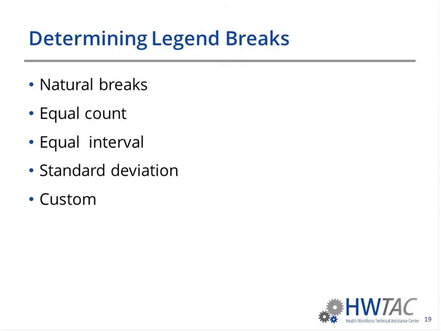So, for example, in North Carolina, we have 100 counties, and if I have 5 legend categories, I'm going to put 20 counties into each category. The legend categories will not necessarily be evenly spaced like equal interval would be. Equal interval is where each data range is equal. So, for instance, you might have 0 to 10, 10 to 20, 20 to 30, instead of 0 to 1, 1 to 5, 5 to 20, 20 to 30, depending on your data distribution.